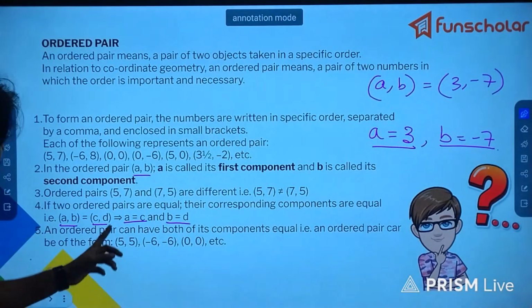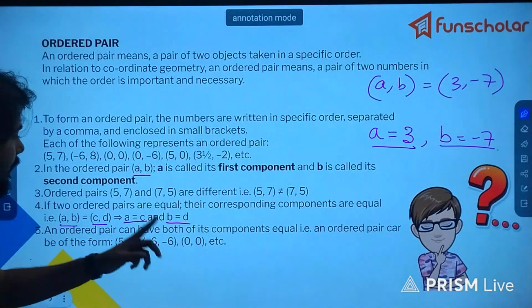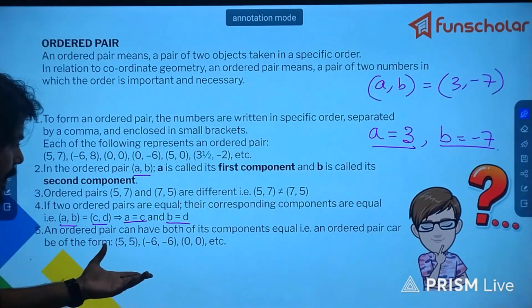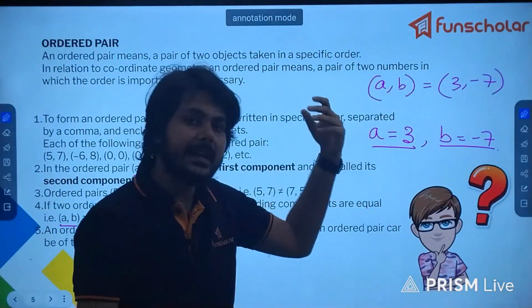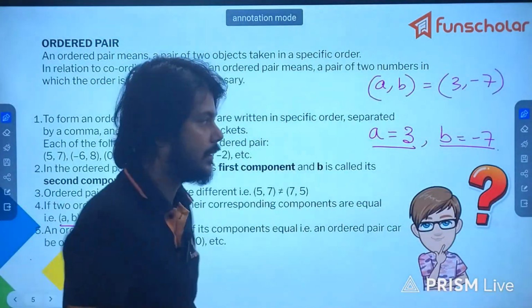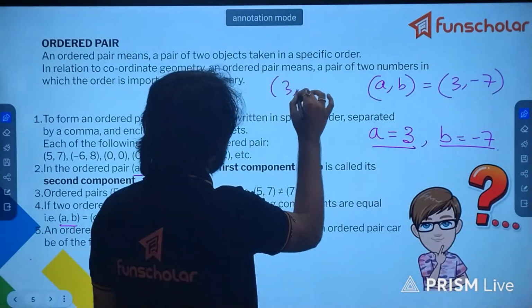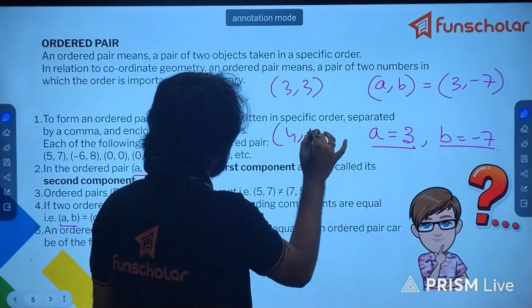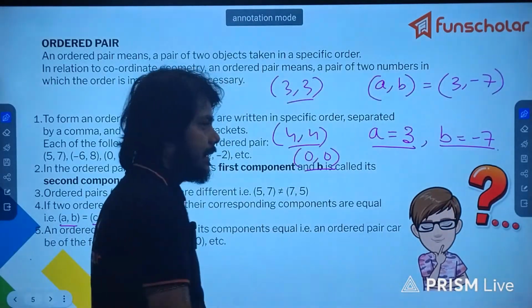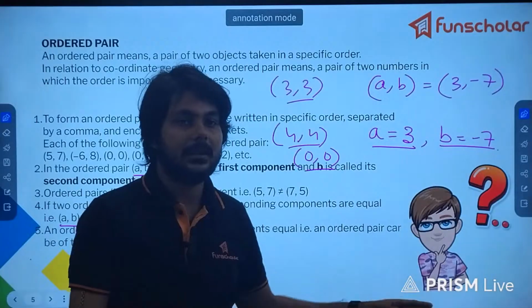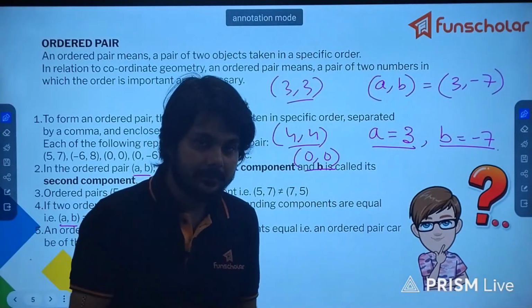An ordered pair can have both of its components equal. Both the components can be equal or cannot be equal. Suppose we are taking (3, 3), (4, 4), (0, 0). As you can clearly see, both the components of the ordered pairs are equal.